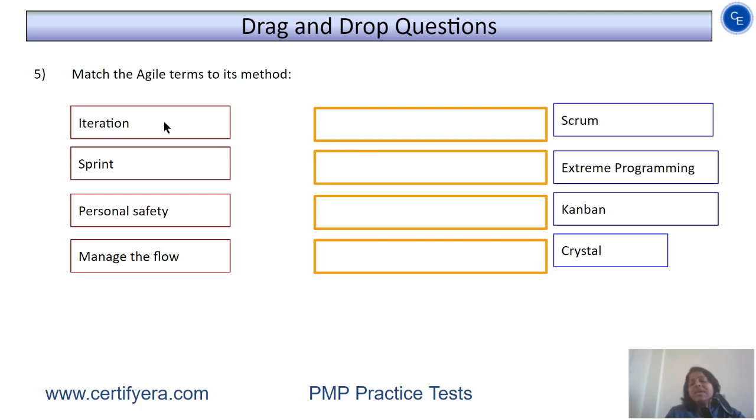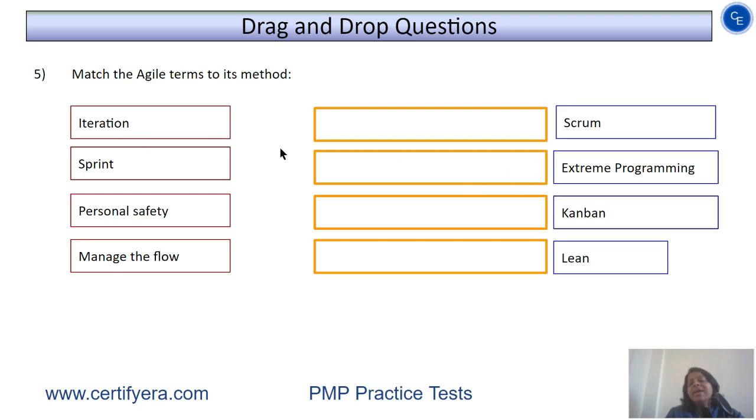So the first agile term is iteration. Iteration is a term that we keep on using in extreme programming to describe the fixed time box duration. So iteration belongs to extreme programming.